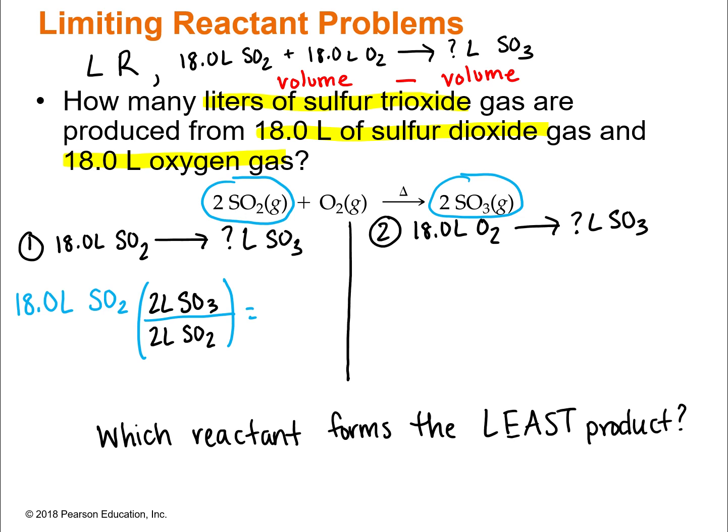We put B over A. The relationship is 1 to 1, so we don't even have to touch our calculators here. 18 liters of SO3.